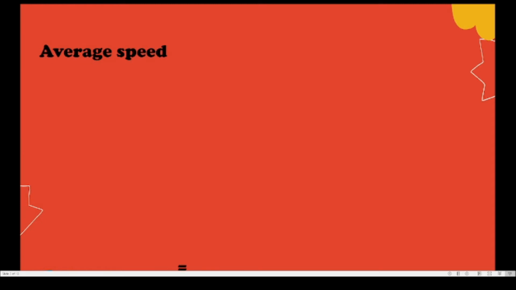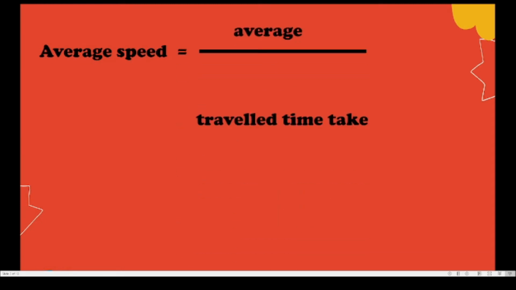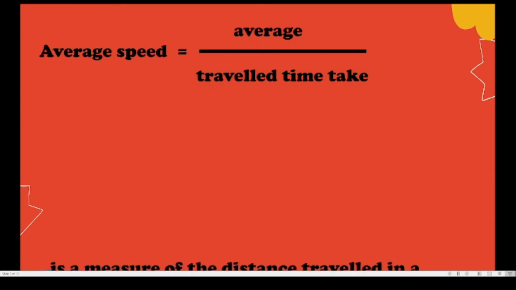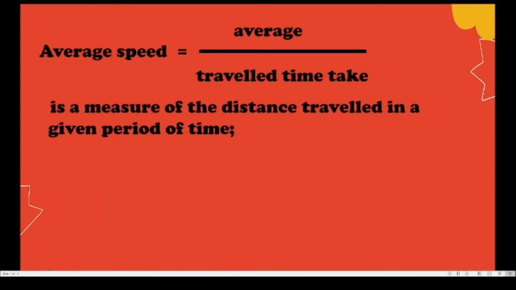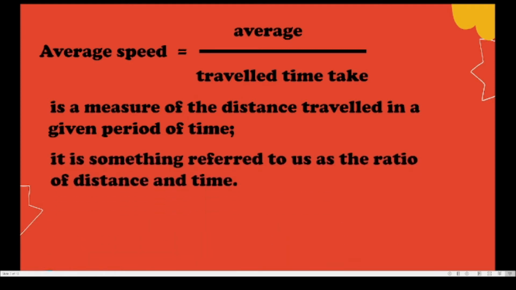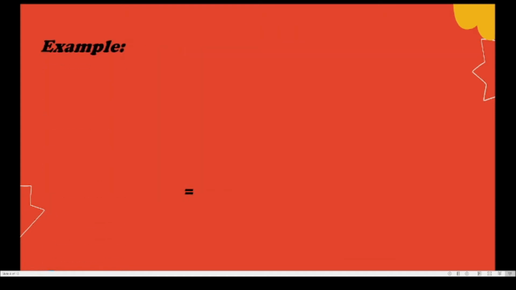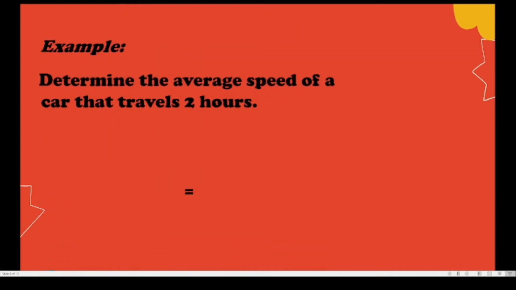Average speed is equal to distance over travel time taken. Example: determine the average speed of a car that travels 2 hours.